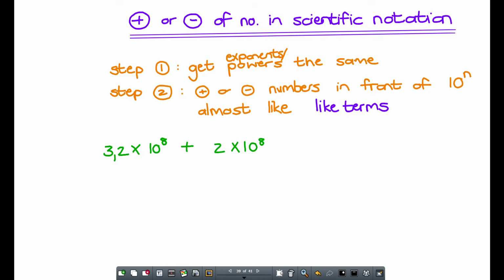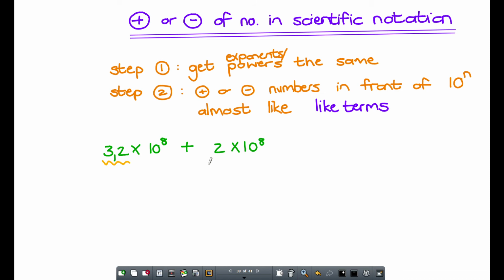Okay, so let's quickly go through 3 examples. 3,2 times 10 to the power of 8 plus 2 times 10 to the power of 8. Can you see they are both 10 to the power of 8? So step 1 was already done for us, and we can skip to step 2. Now we only add or subtract the numbers in front of that 10 to the power of something.